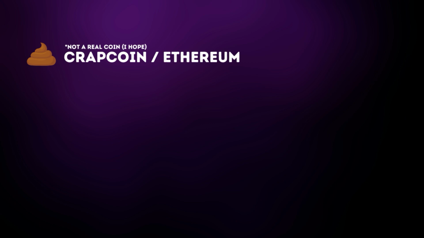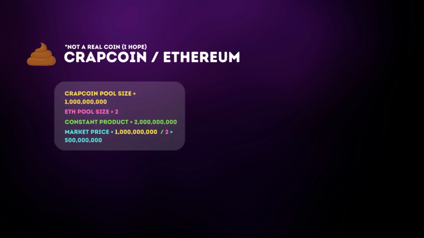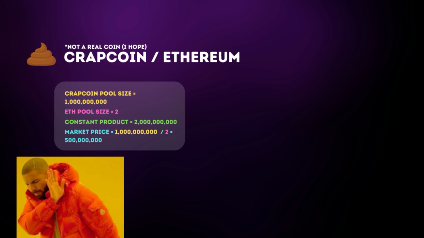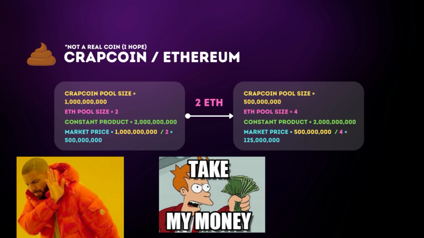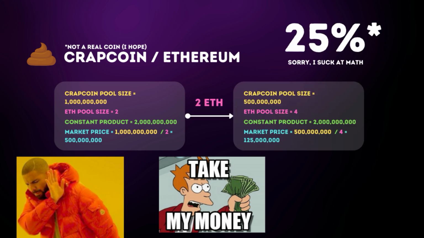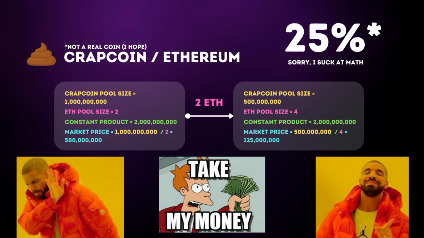But if you find a pair with a huge inconsistency of the tokens, let's say for example Crapcoin Ethereum, chances are that the pool will be something like 1 million Crapcoins and 2 Ethereum or something like that, because no one is willing to exchange their Ethereum for a worthless token. But from time to time, there is always someone who is willing to make that exchange. And when you find them, you only need 2 Ethereum to move the price by 50%, giving you a good margin to extract some good profits.